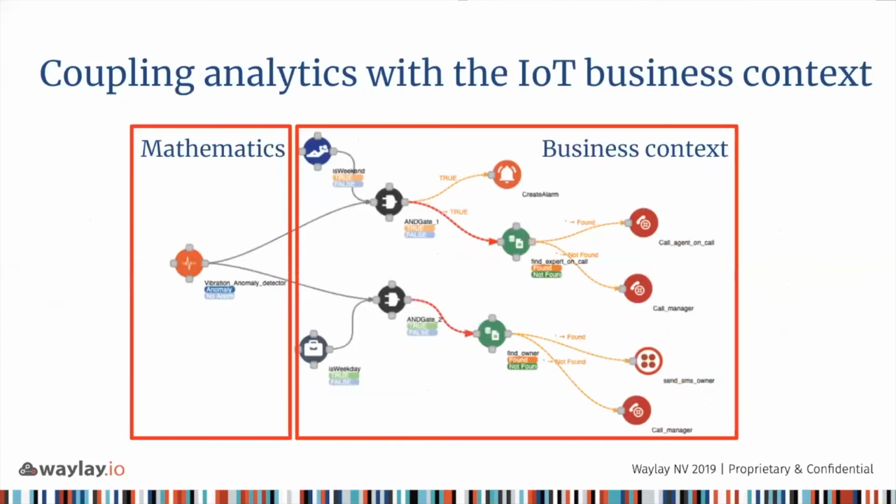Okay. So this is another way of expressing it. So the business analyst is working on the right-hand side. So he needs to be able to understand what the mathematics are doing to a point where he can basically decide which business rule needs to be assigned to that.